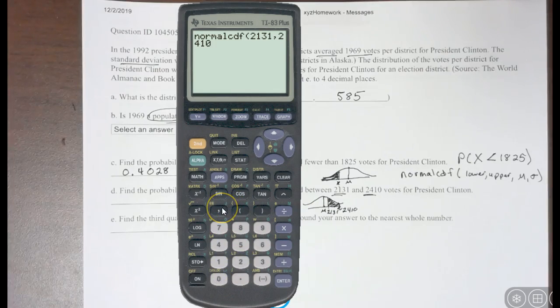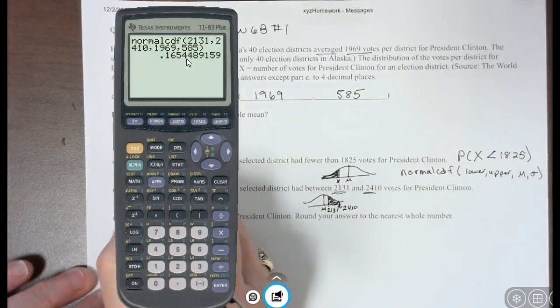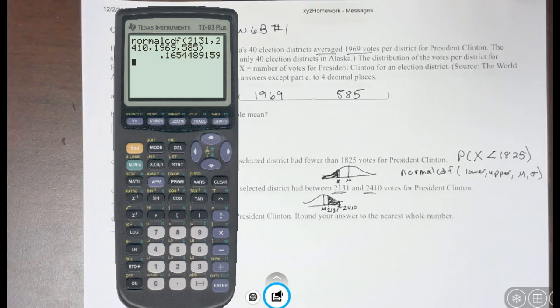The mean and the standard deviation are the same, 1969 and 585. And I come up with 0.1654, and that's rounded to 4 decimal places. 0.1654.